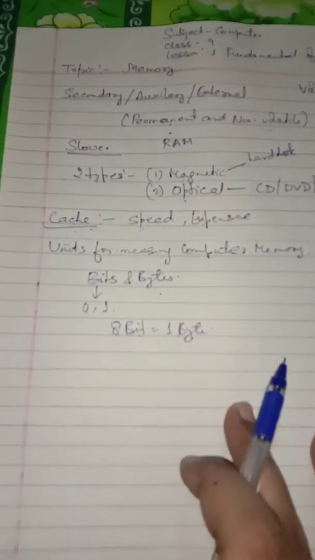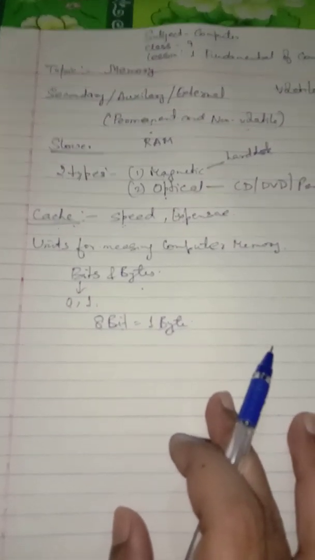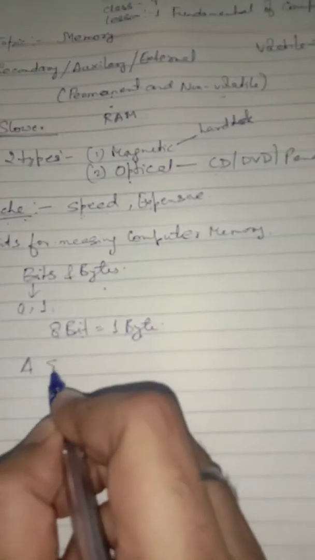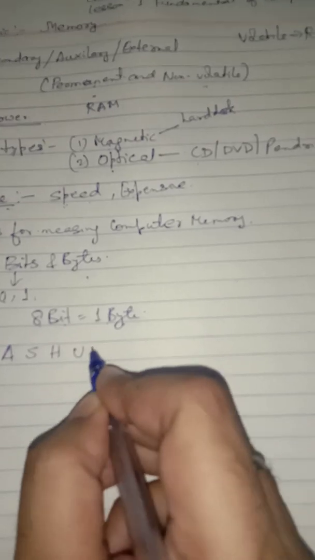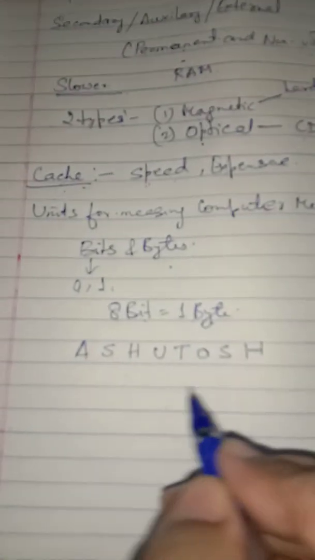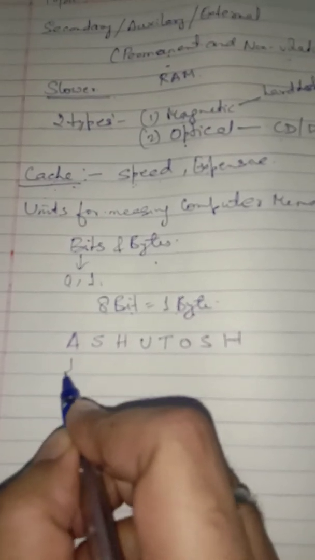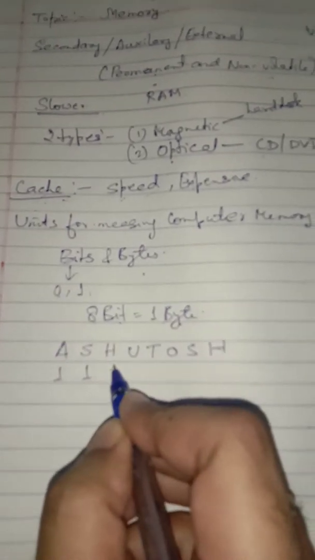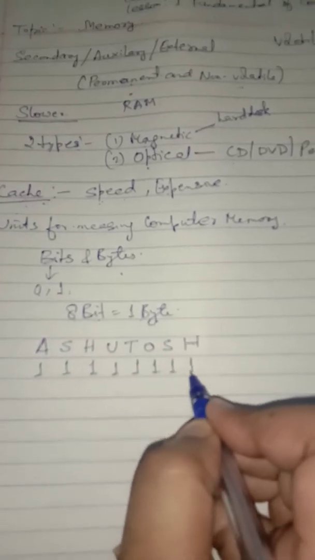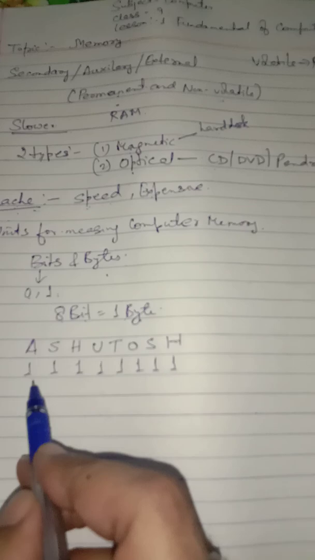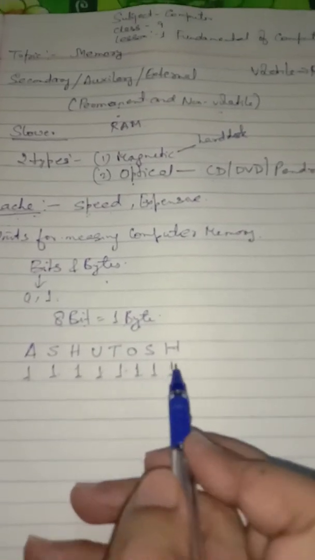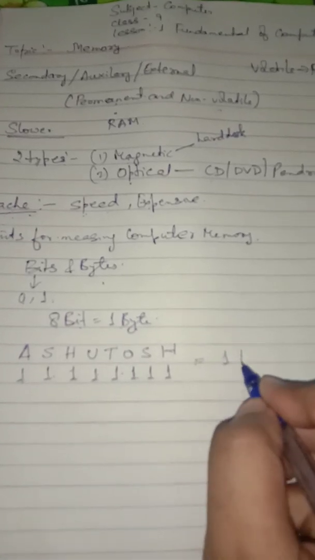Now suppose I am storing my name Ashutosh in the memory, A S H U T O S H. Now this is 1 bit, this is again 1 bit, all these will be considered as 1 bit, and a combination of these bits, 1 2 3 4 5 6 7 8, is known as 1 byte.